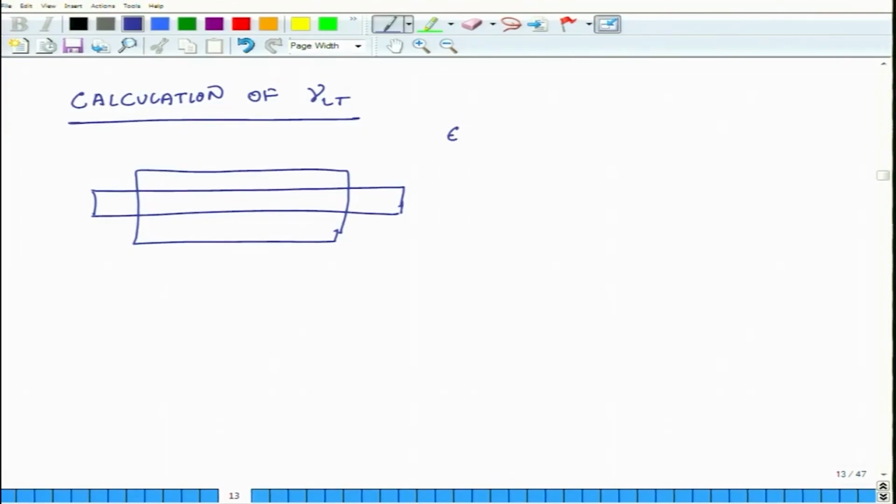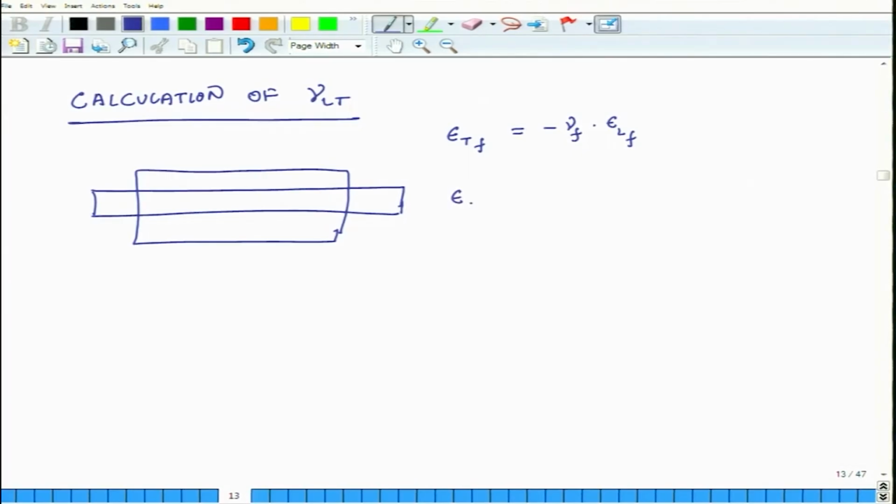The Poisson strain epsilon T in the fiber is the negative of the fiber's Poisson's ratio times the strain in the L direction for the fiber.